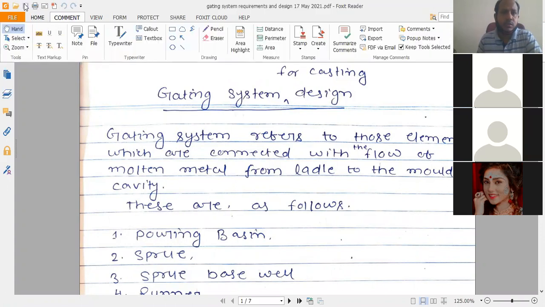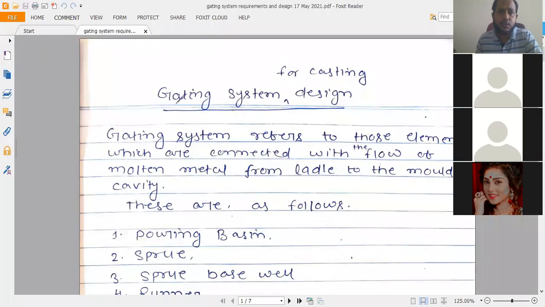The gating system refers to those elements which are connected with the flow of molten metal from the ladle to the mold cavity.